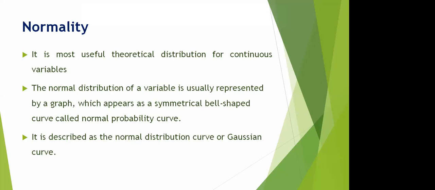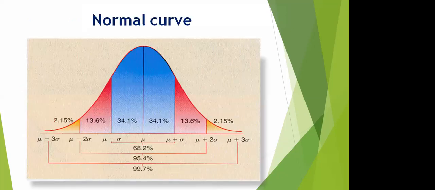So it is the most useful theoretical distribution of continuous variables. The normal distribution of a variable is usually represented by a graph which appears as a symmetrical bell-shaped curve called the normal probability curve. We can call it the Gaussian curve also. If we draw the continuous data in a graph, the mean value will come in the center, and all other observations will fall symmetrically on both sides. Gradually they fall on both sides, and the curve does not touch the baseline.